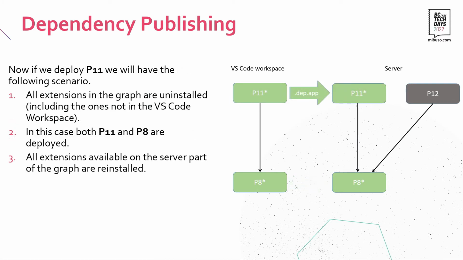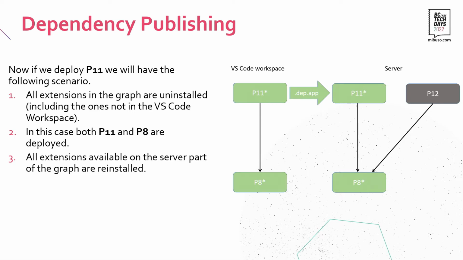Another scenario, if we want to publish P11, which depends on P8, and both of them are dirtied, you saw that in the workspace, if you dirty both of them and you compile the dependent one, it will actually compile the base one also. So that will happen in the server as well.